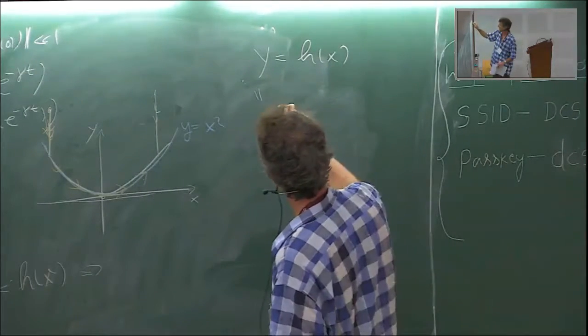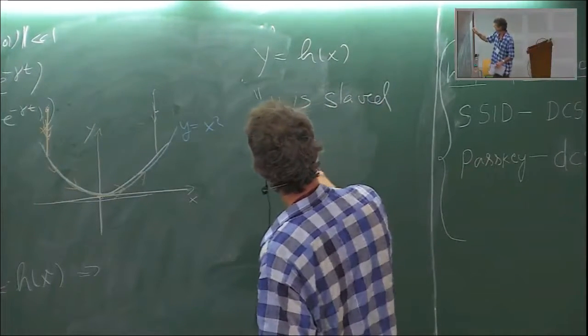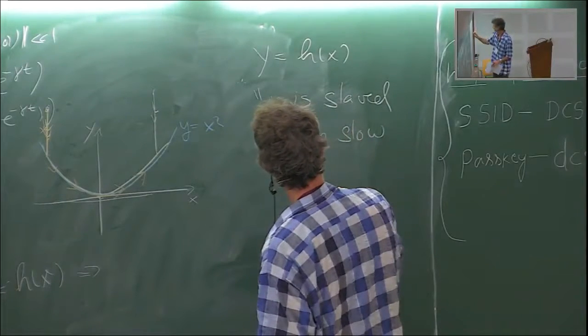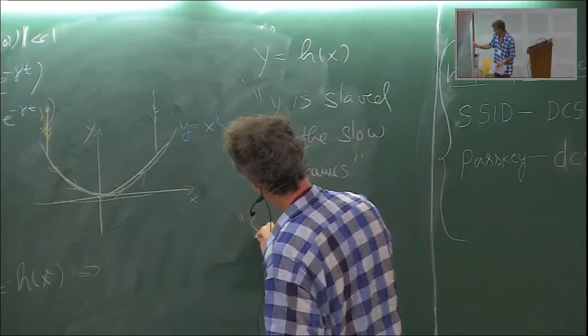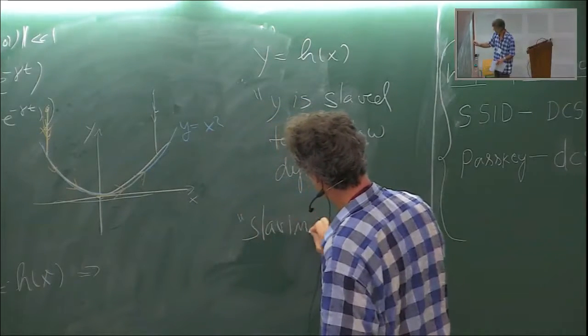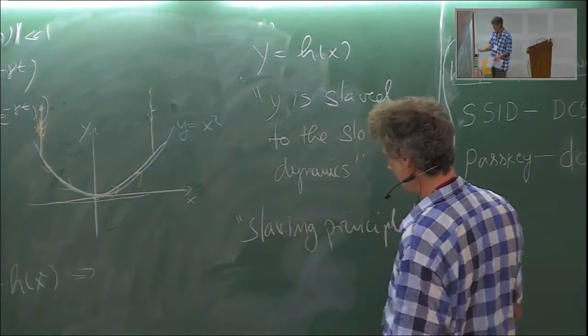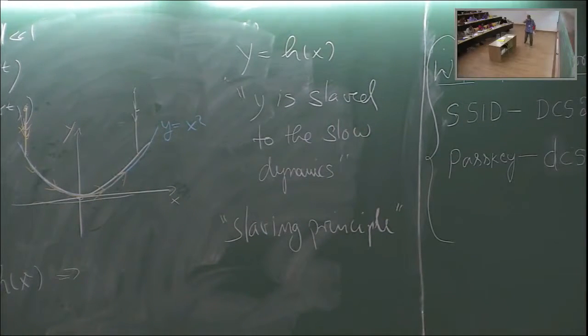Some people say that y is slaved to the slow dynamics, and some people call it the slaving principle. Hermann Haken, who was a physicist, called this the slaving principle. But it is center manifold, and the mathematicians were actually a little bit earlier, I think, than the physicists. It's one of the few instances. Okay.